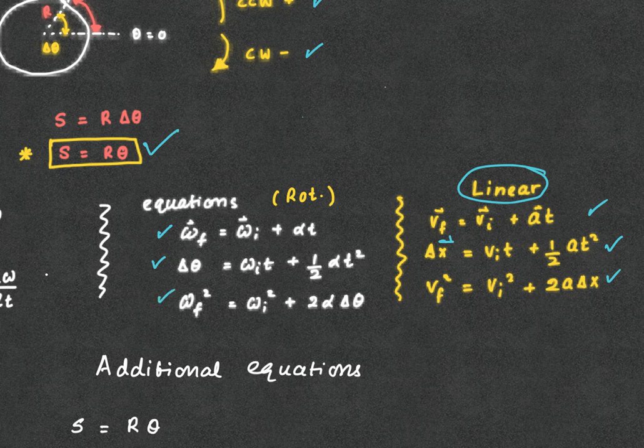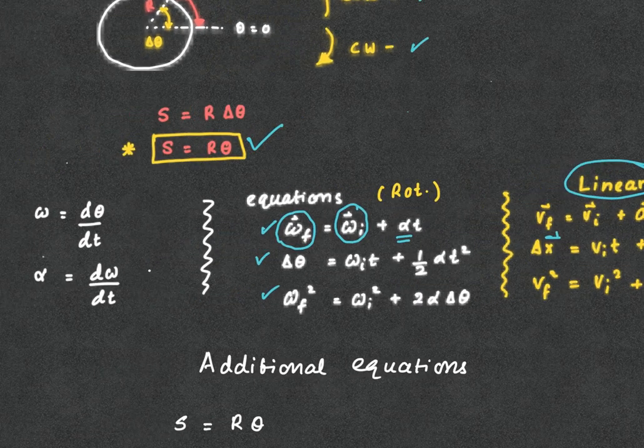Please keep in mind that counterclockwise rotations are always positive and clockwise rotations are always negative. As a result, if you have a counterclockwise rotation, then these omegas are going to be positive values, and alpha, depending on the direction of its motion, can be positive or negative. So in other words, these are also considered vectors.